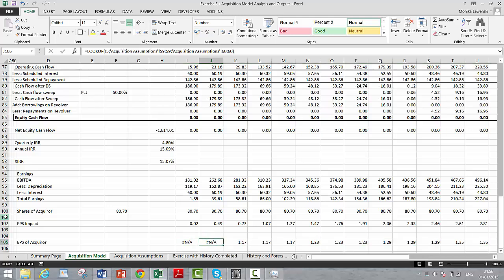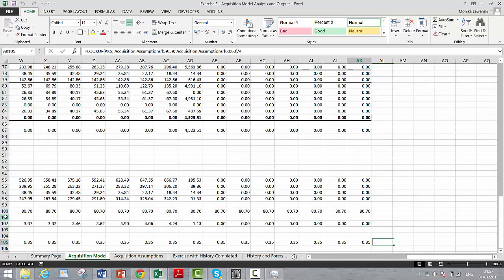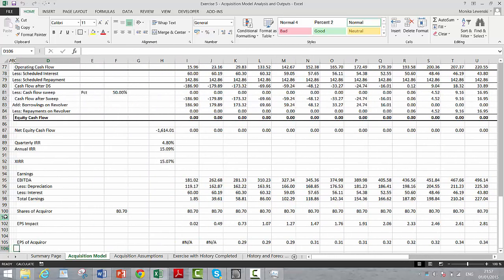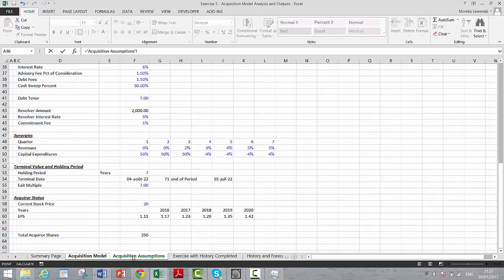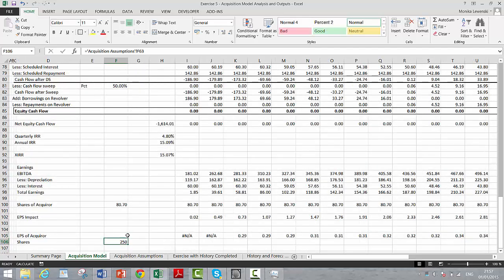Okay, and then we should divide this by 4 to get it on a quarterly basis. So that's what our EPS on a standalone basis would be. And we can put our earnings, our shares. Okay, so put the shares up here, just like F4, Shift Control R, and then we can put earnings of acquirer.